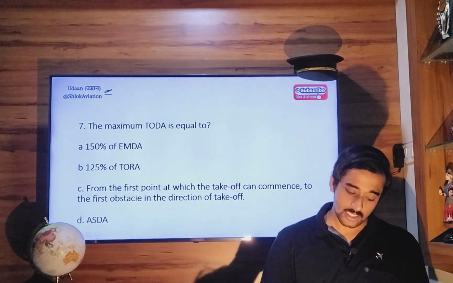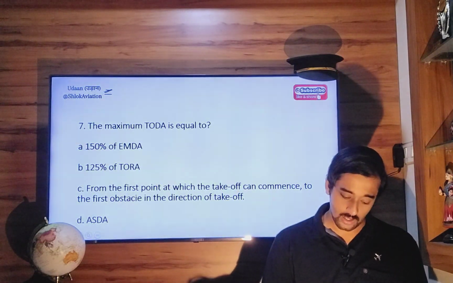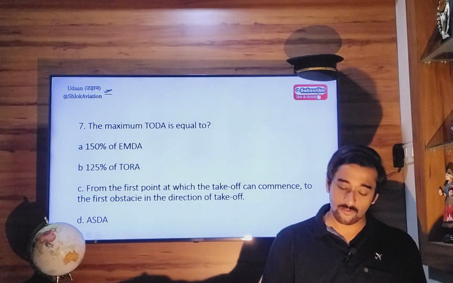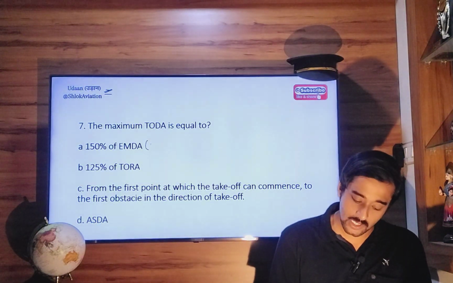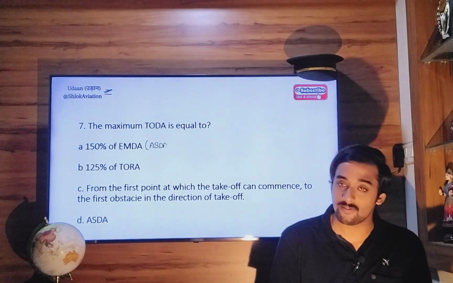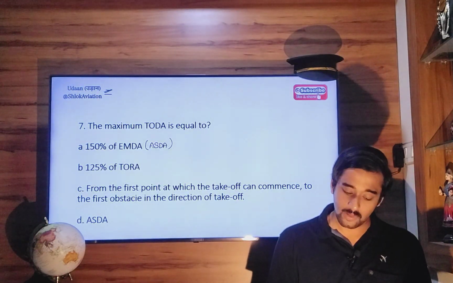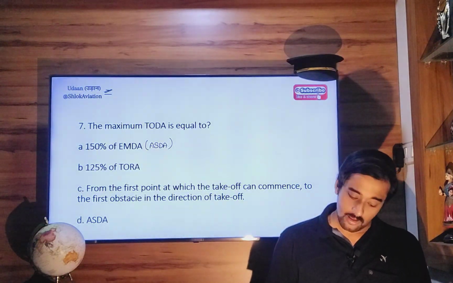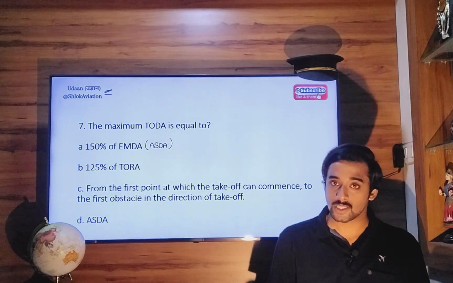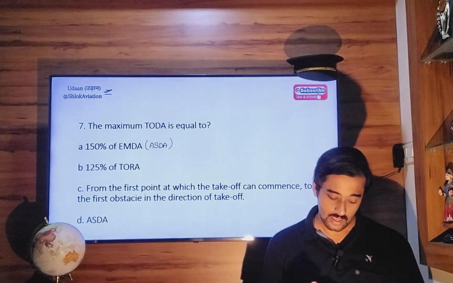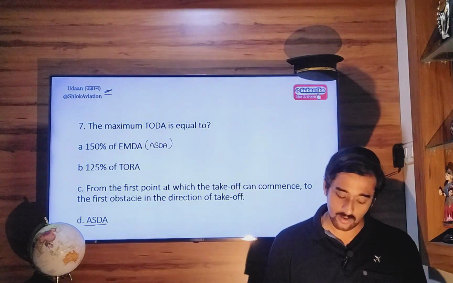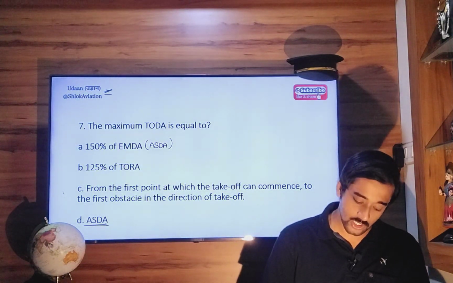Next, maximum takeoff distance available again is equal to 150% of emergency distance available, meaning 150% of accelerate stop distance available, 125% of takeoff run available, from the point at which takeoff starts to the first obstacle in the direction of takeoff, accelerate stop distance available. So the correct answer here will be option Charlie.